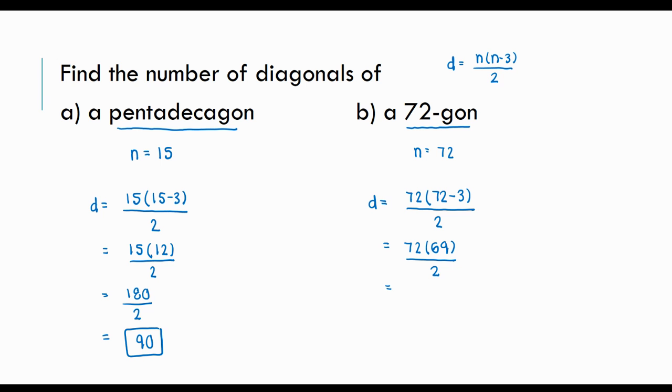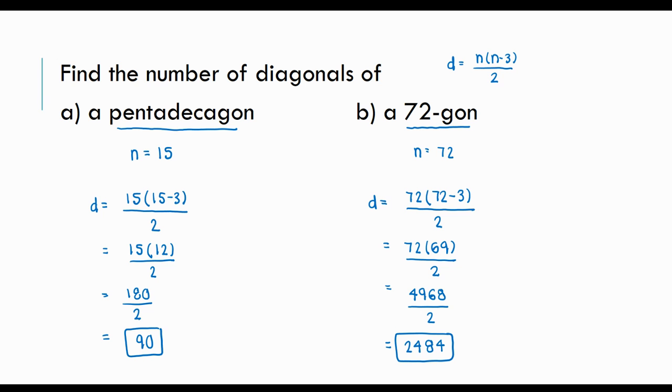Let's see, 72 times 69 looks like that's going to give us 4,968. Divide that by 2, and it looks like the number of diagonals we have is 2,484. So quite a few diagonals there.